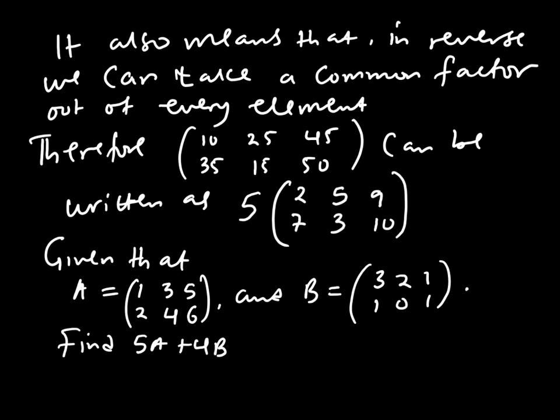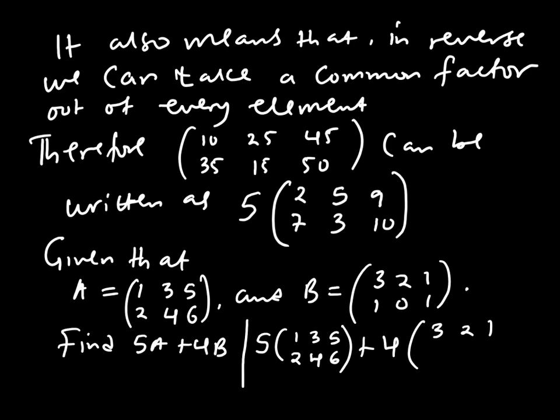We multiply 5 by matrix A and add it to 4 times matrix B. So we end up with 5 into 1, 3, 5, 2, 4, 6, plus 4 into 3, 2, 1, 1, 0, 1. Multiply 5 by each element of matrix A and 4 by each element of matrix B, and we add together. Let's see what's happening here on the next page.